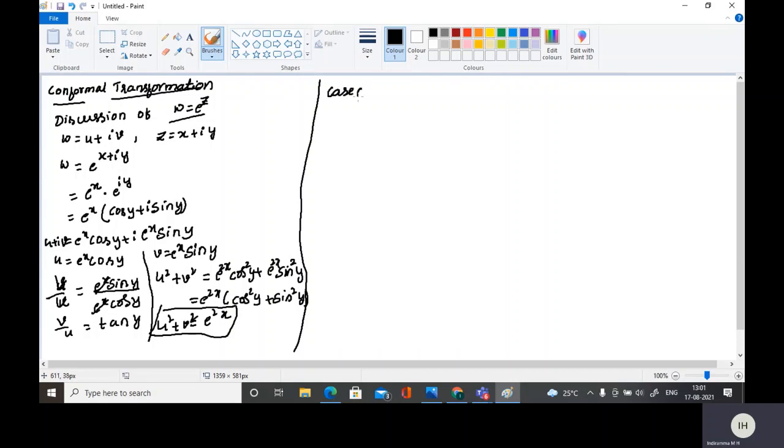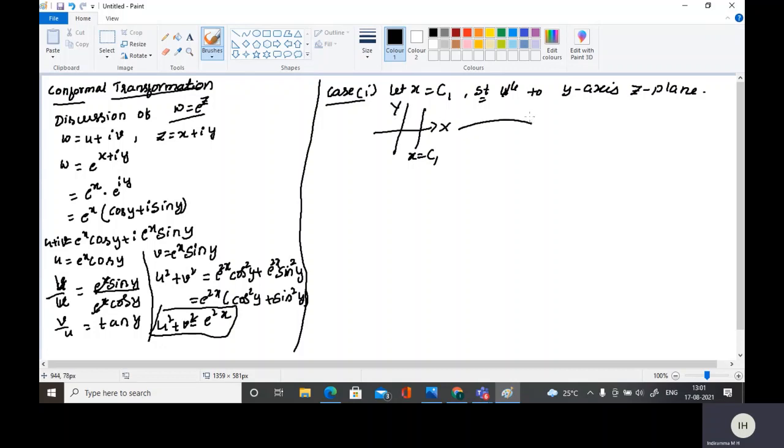So case 1: let x equal to c1. x equal to c1 is a straight line parallel to the y axis in the z plane. Now I am going to find the image of this straight line parallel to the y axis in the w plane.